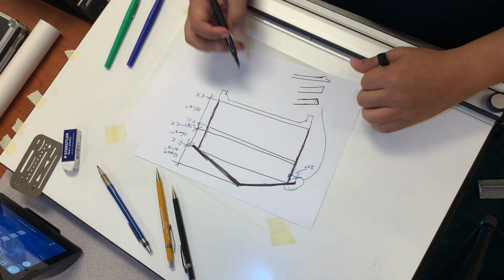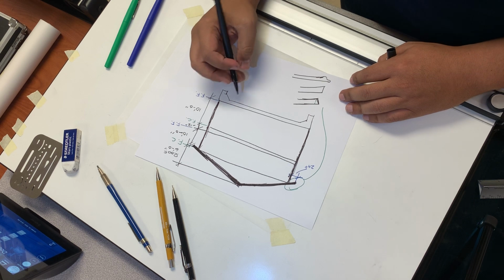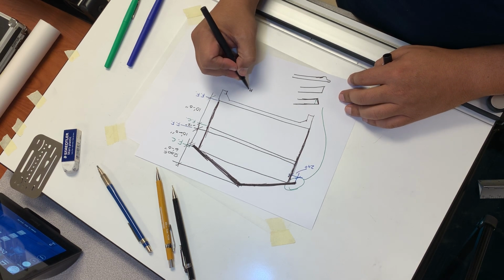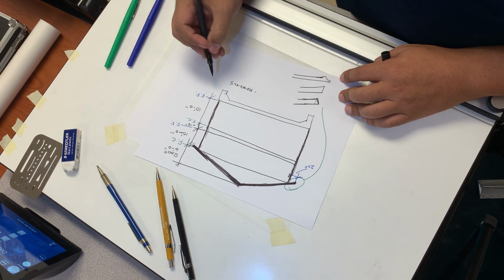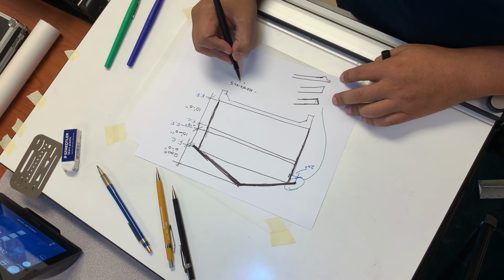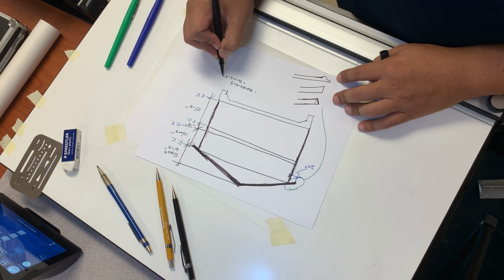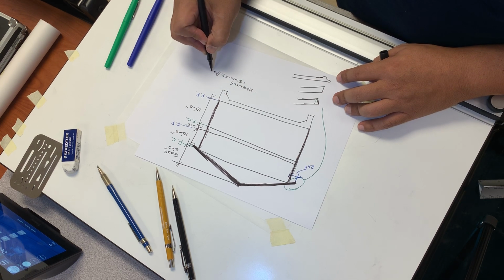You'll also need to include in your elevation materials. So something like shingles, could be asphalt.